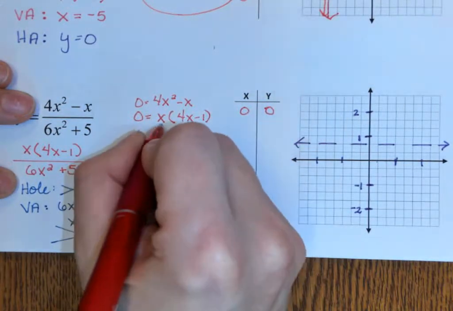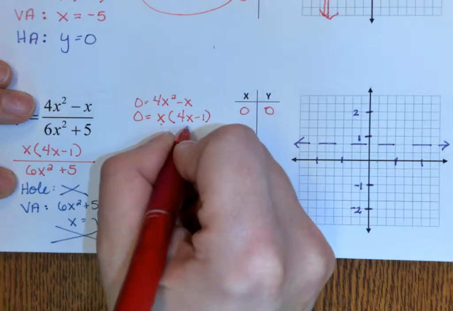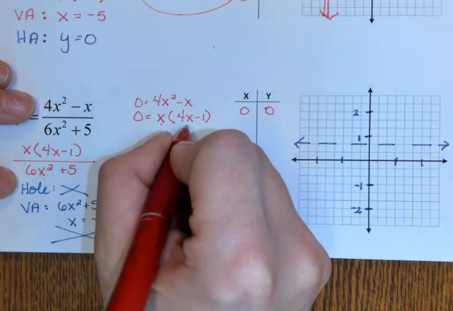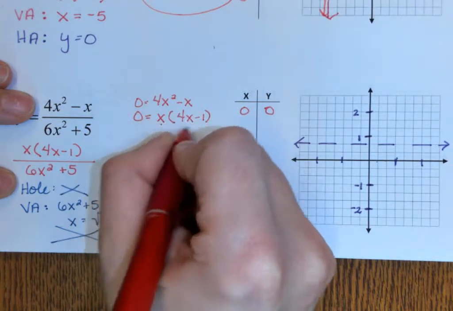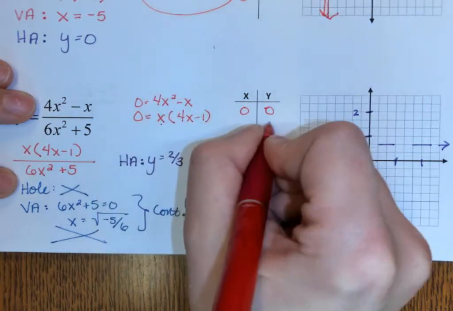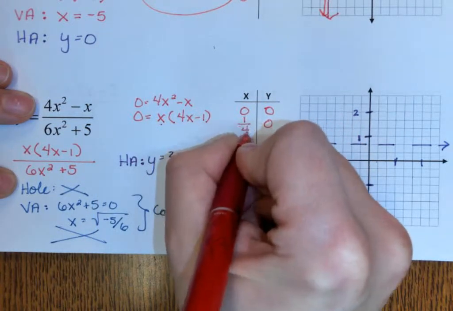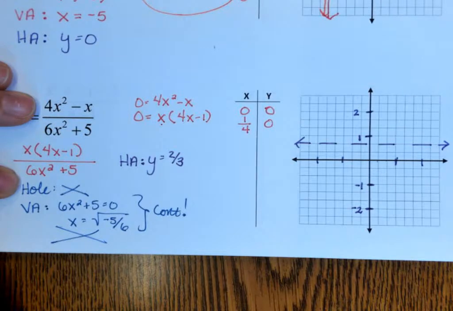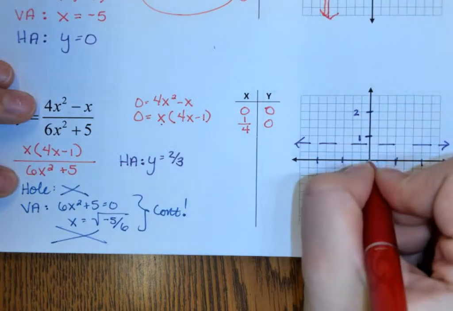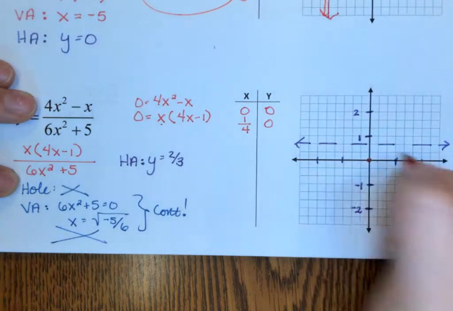So that's going to be at 0, and it's also going to be at 1/4. Okay, so x is 0.